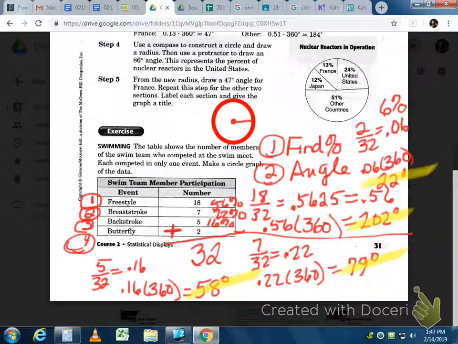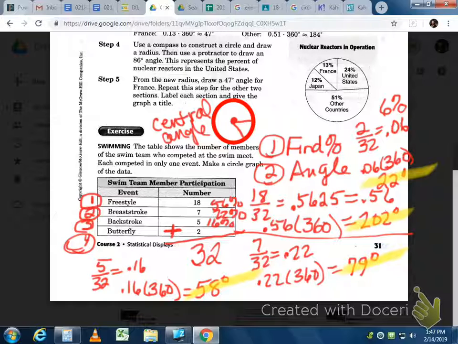You start with the segment, and you start measuring degrees. The first section is called a central angle. This angle that has the vertex on the center is called a central angle, and the central angle is what you measure to put your section in there.